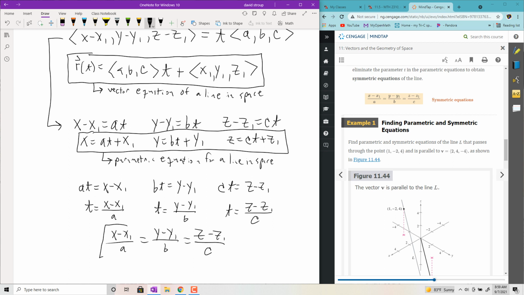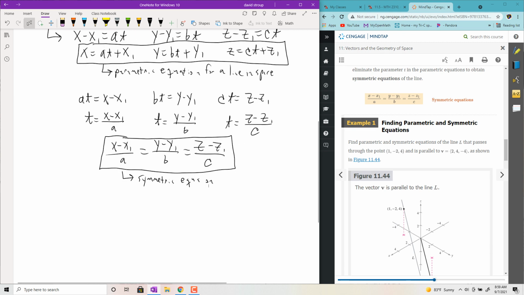And these are the symmetric equations for a line in space. I don't really ever use the symmetric equations. I'm not even sure in what universe they would be used, but they're used in the homework, so you need to have those for the homework. Okay, we'll probably use them in this section and then never use them again.